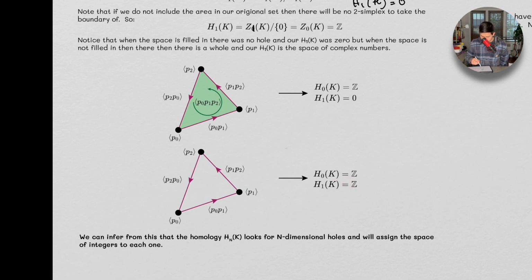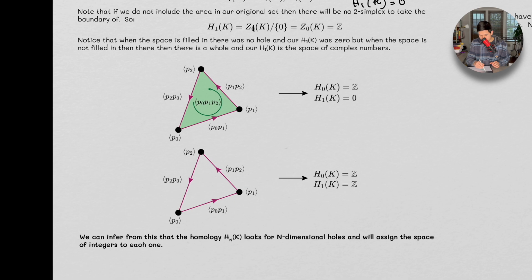So when there's a hole, this is specifically a one-dimensional hole. This is what this 1 is going to refer to. This one-dimensional hole, we get Z. So this is counting holes, and every time there's a hole, we attribute Z. That's the way we want to think about this, in the simplest terms possible. This homology group is going to count the number of holes, and when it counts, it attributes Z to the hole, right?